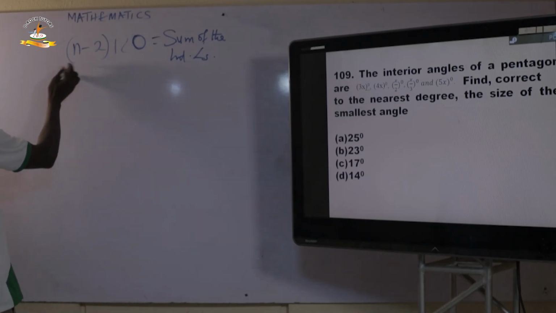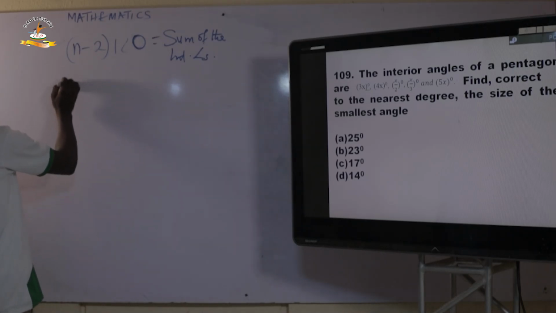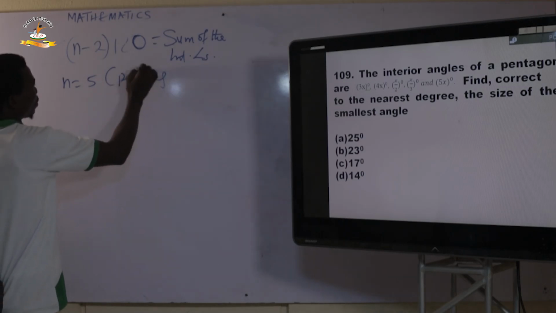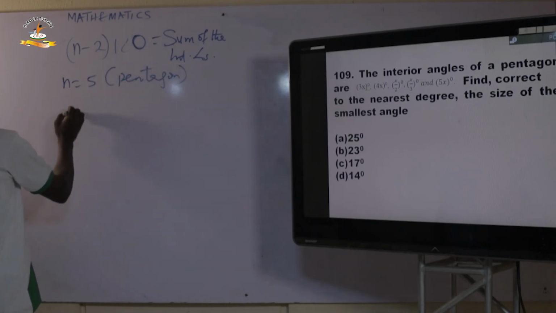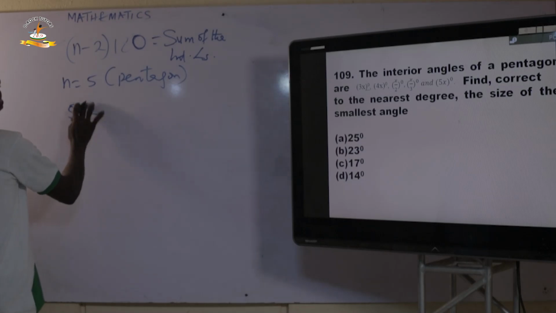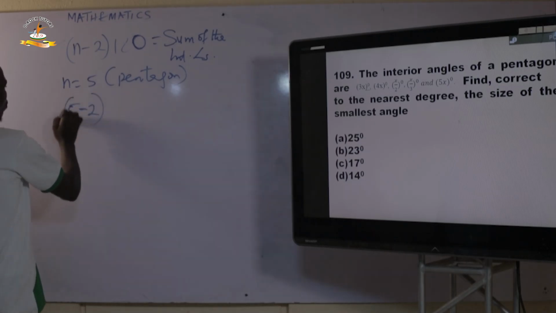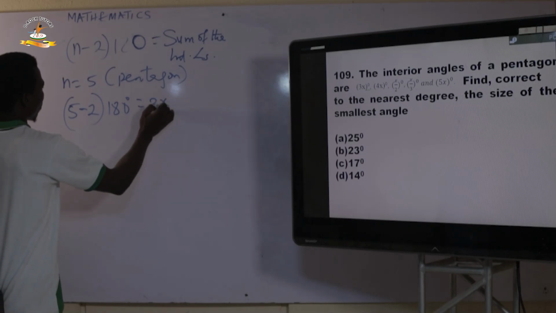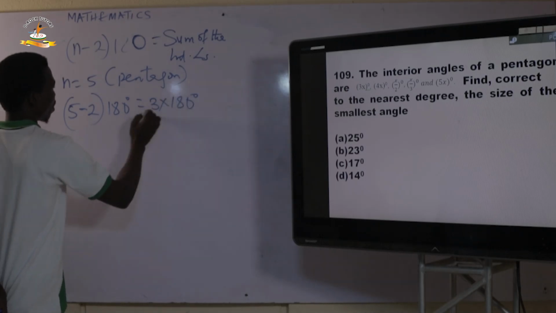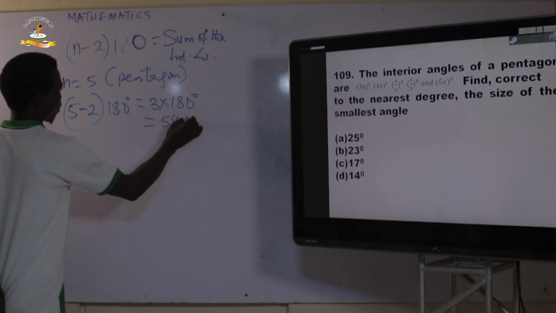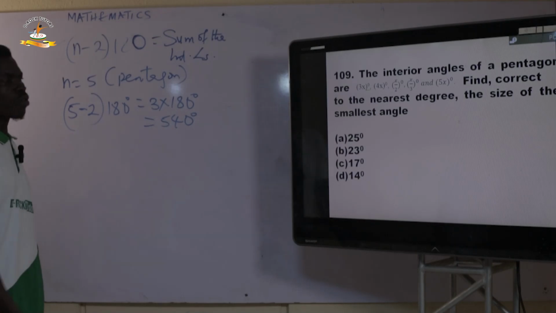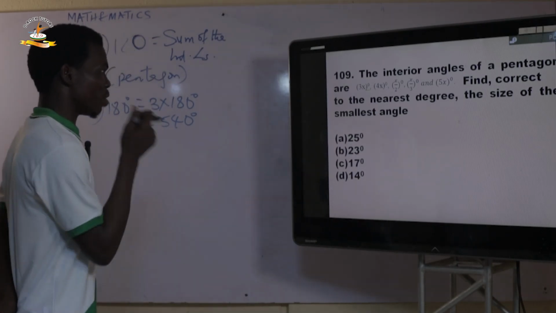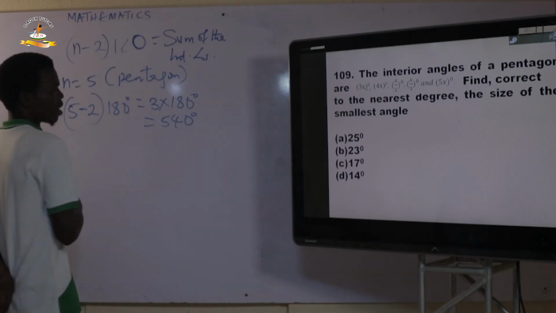So for a pentagon, n is 5. And as such, 5 minus 2 into 180 degrees equals 3 times 180 degrees, and this is what? 540 degrees. So the sum of all of the angles is going to be 540 degrees. So we need to find x in the first place.